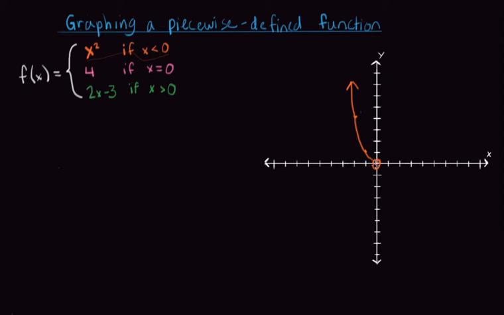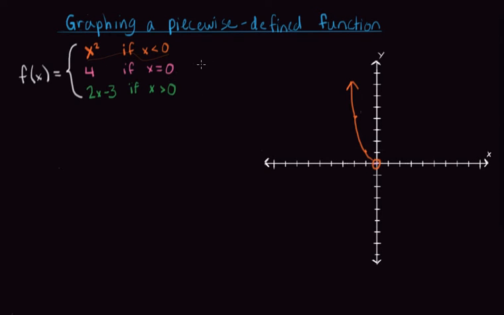It starts with an open circle at 0, and then I'm graphing this half of a parabola, which is x squared. If it was over here, then it would be the full parabola, but it stops when x is equal to 0.